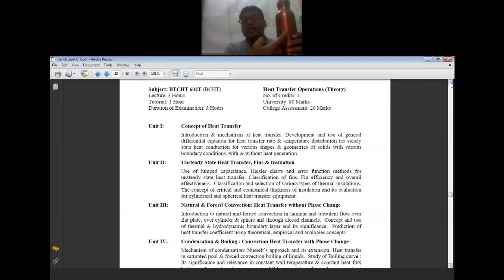At the center, what will be the temperature? That is, at a distance x. Distance x means nothing but your radius. What will be the temperature gradient that will be there? So I have to calculate the various temperature distributions inside the different simple geometries, and that can be with heat generation and without heat generation.